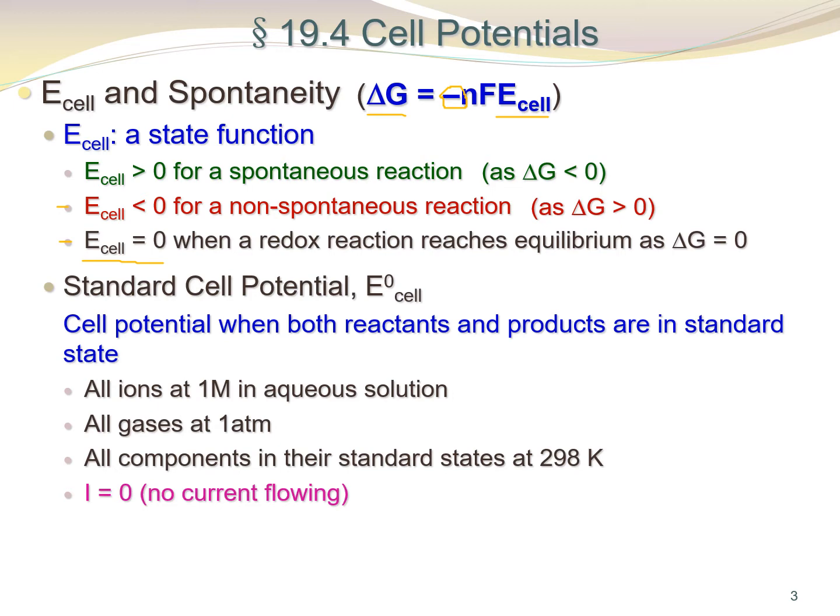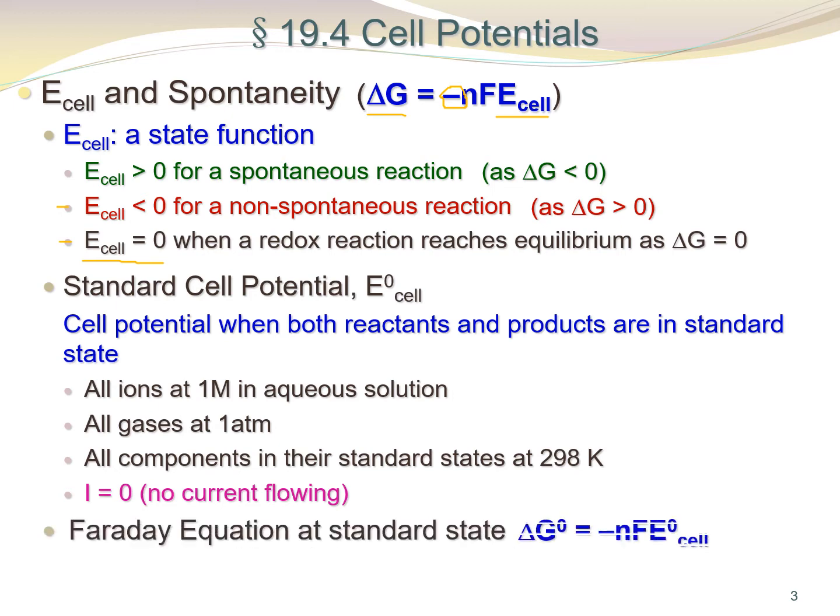So in order to follow our condition with the Q equal to 0, the cell does not generate heat, I must be equal to 0. So from this discussion, I equal to 0 makes sense. And we can have a delta G0 equals to negative N times F times E0 of cell. And that is what we call the Faraday equation.